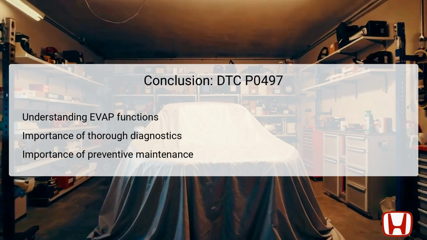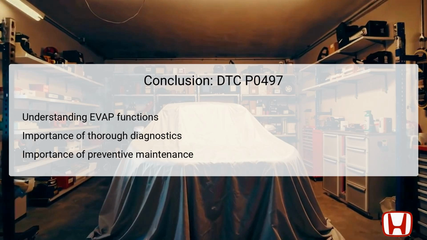In summary, DTC P0497 signifies low purge flow in the EVAP system, indicating potential issues that require thorough diagnostics to resolve. Understanding the roles of the EVAP canister, purge valve, and FTP sensor is crucial for effective troubleshooting of this code.